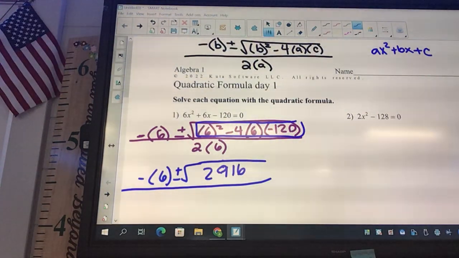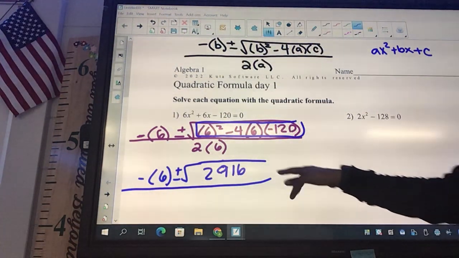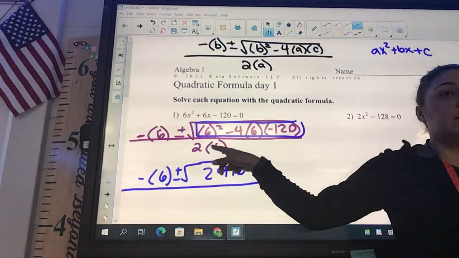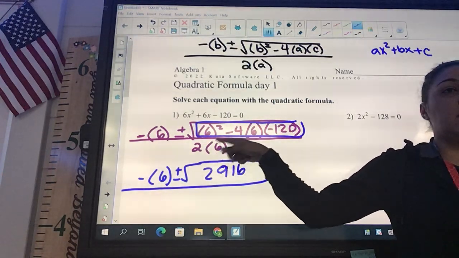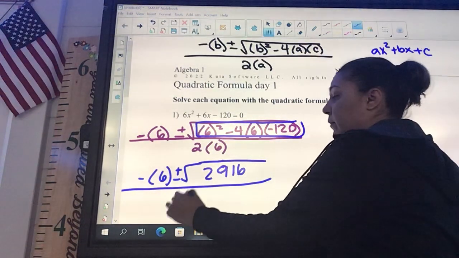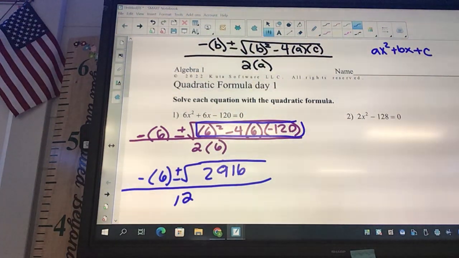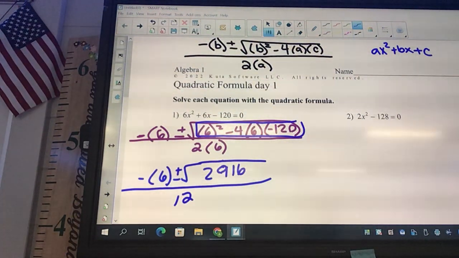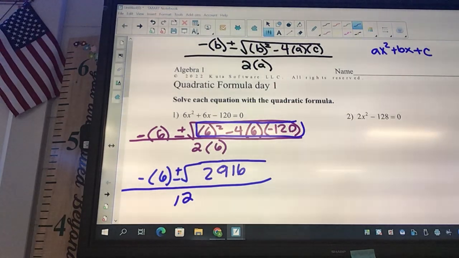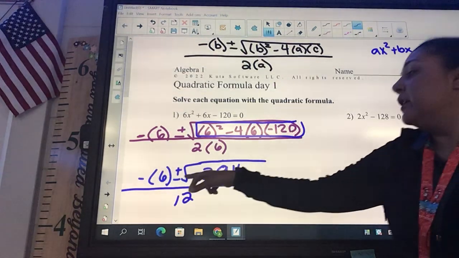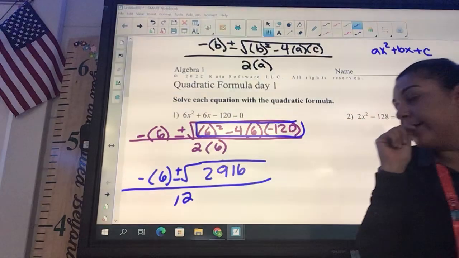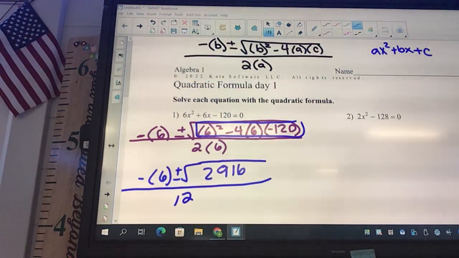On the same step, what are you going to get for this bottom? What is 2 times 6? 12. Now on your calculator, type in the square root of 2916.